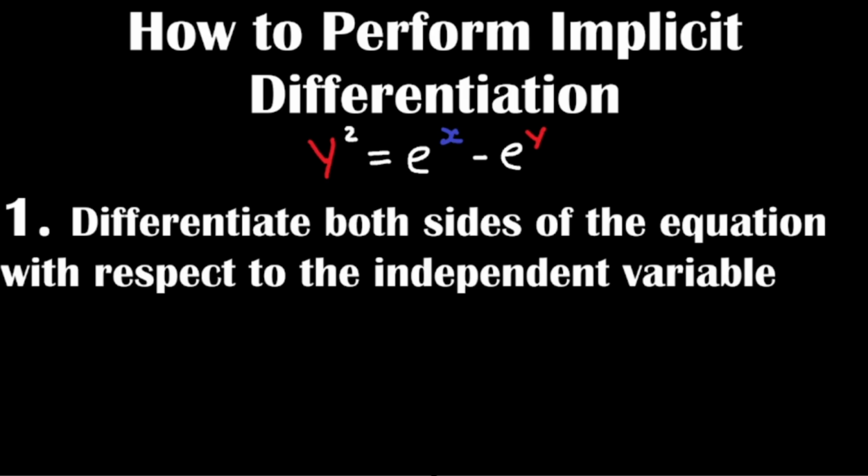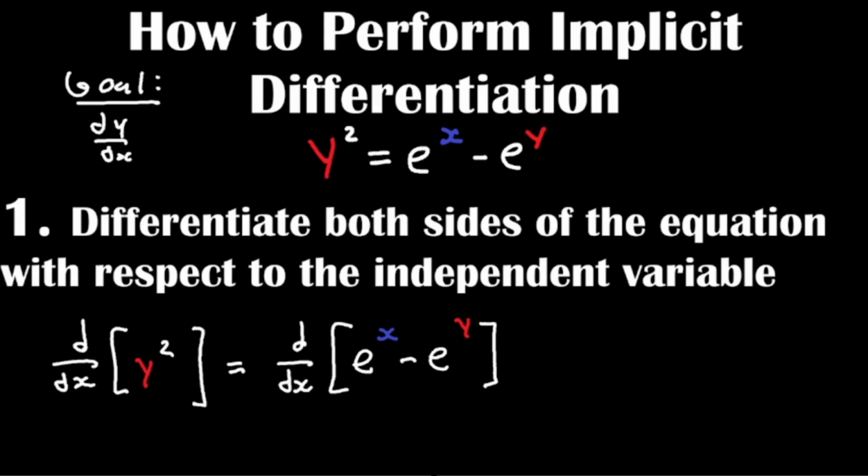The first thing we're going to do is differentiate both sides with respect to the independent variable. The independent variable here is x, right? Because in this case, we want to find dy/dx. That's our goal. But to do that, we need to take a derivative with respect to x. So we differentiate both sides with respect to x.